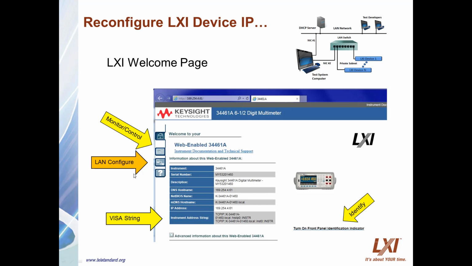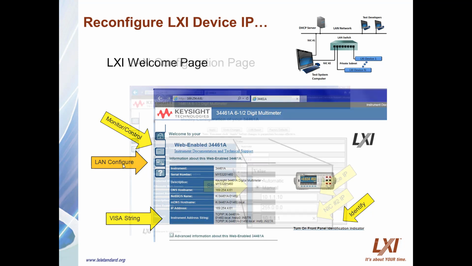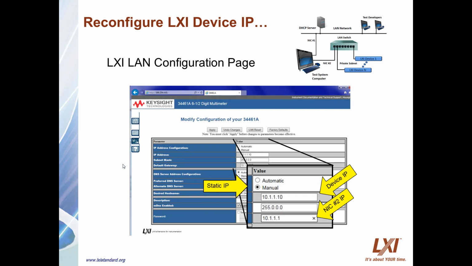But LAN configure is really where we want to be headed here in order to change the IP address of this LXI device. The LXI device is shipped configured for automatic or DHCP. To make the device's address static, you choose the manual control on this configuration web page.